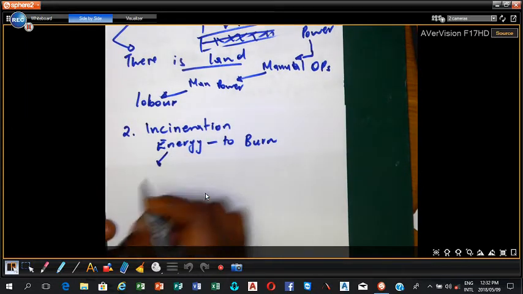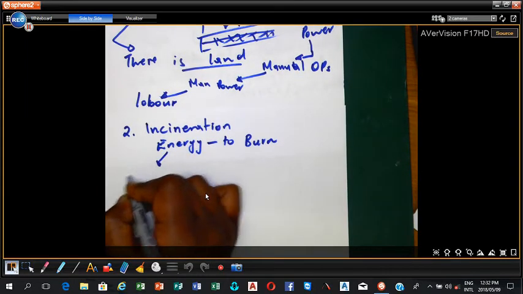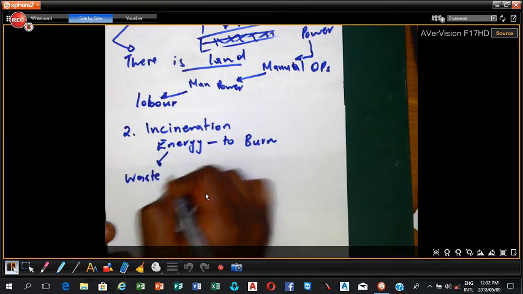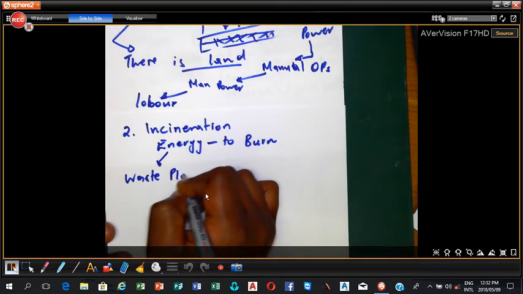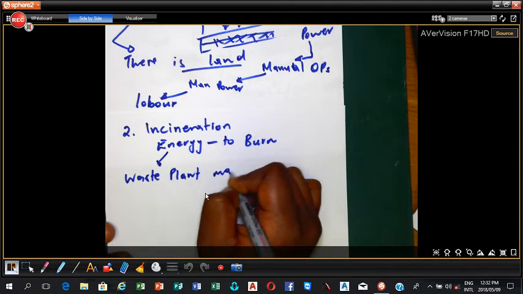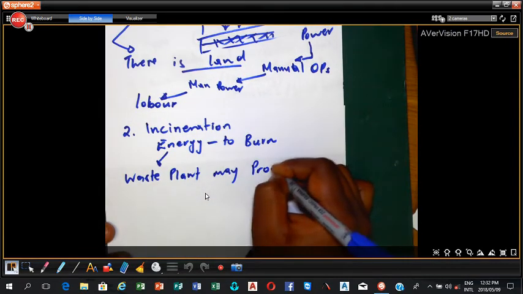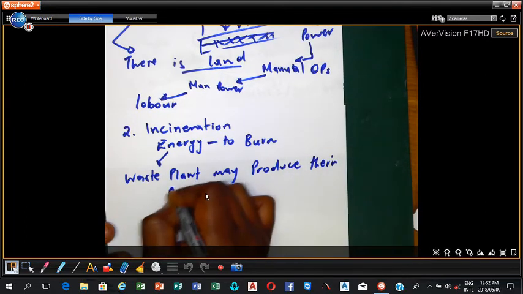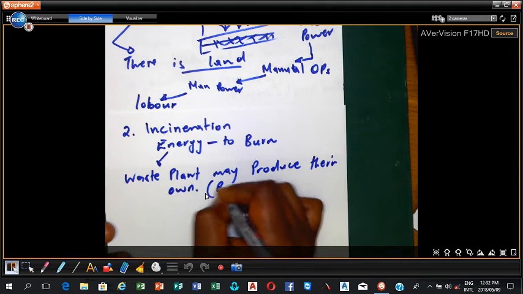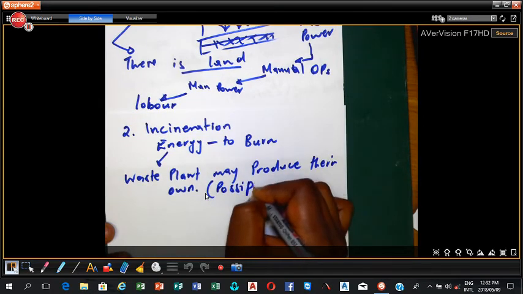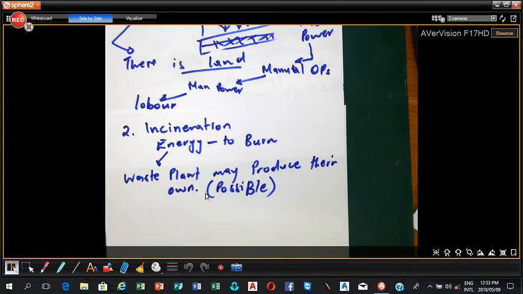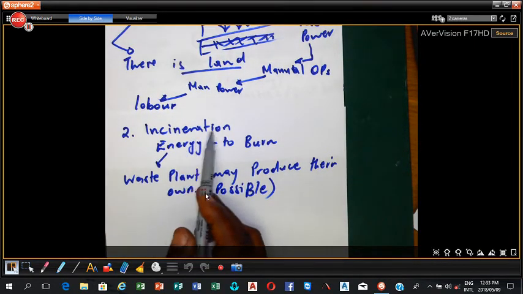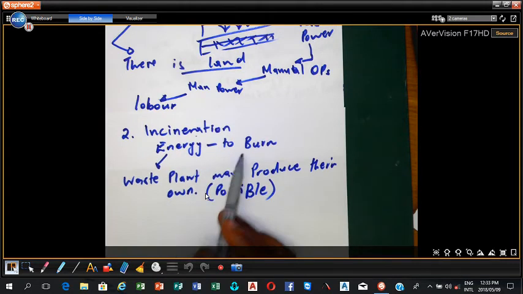Where can we get energy to burn? Waste plants may produce their own. It's possible that the waste plants can produce their own energy in order to exercise the function of incineration, by which they are burning the screenings.